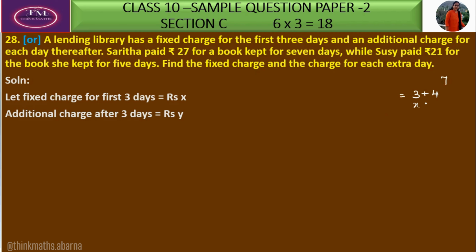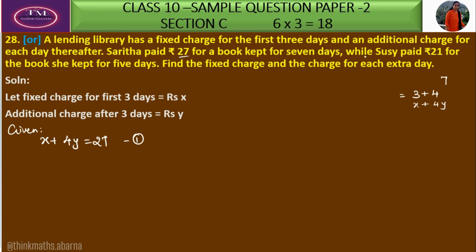So it will be x plus 4 into y, so we multiply this number 4 by y. It is given that x plus 4y is 27. This is the first equation.